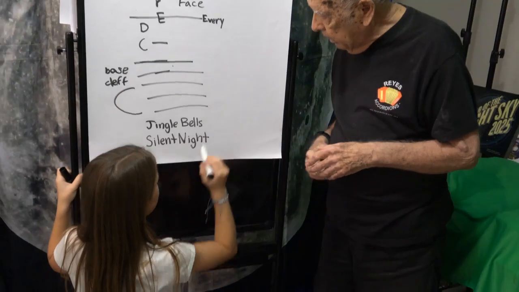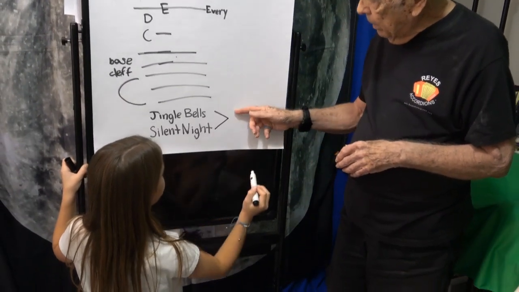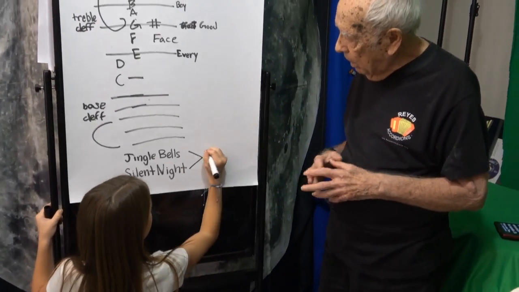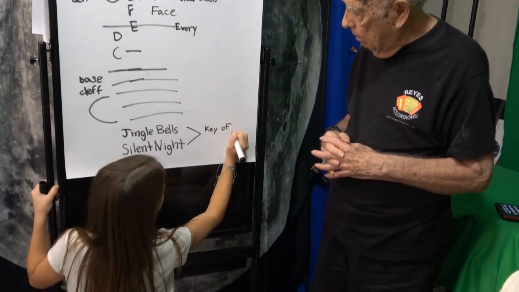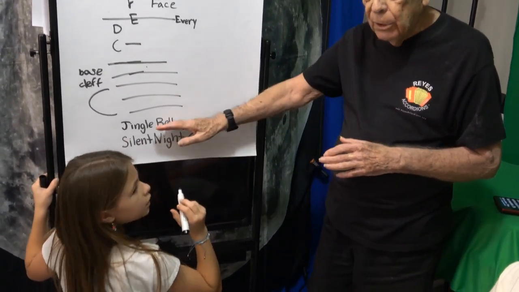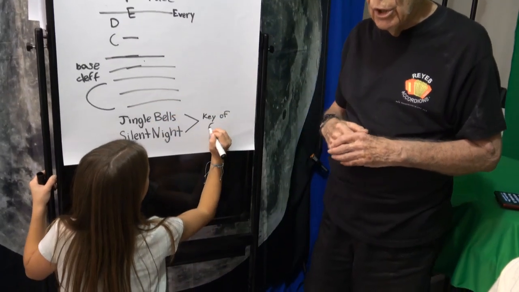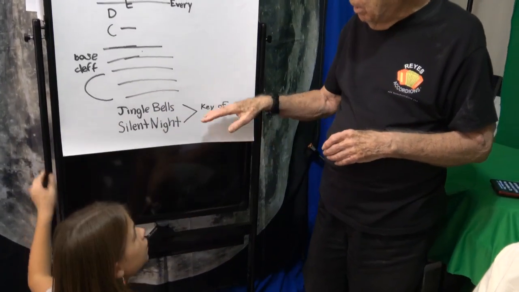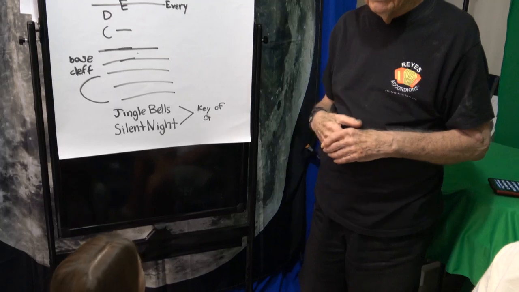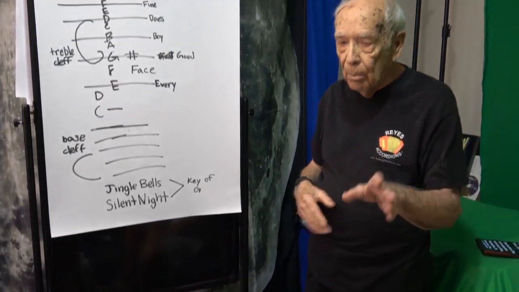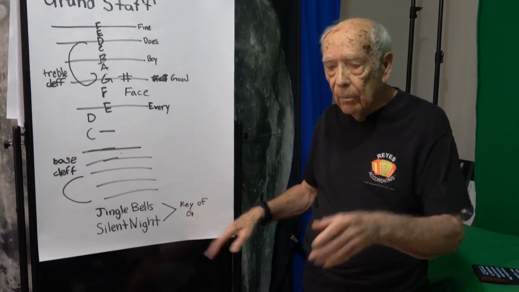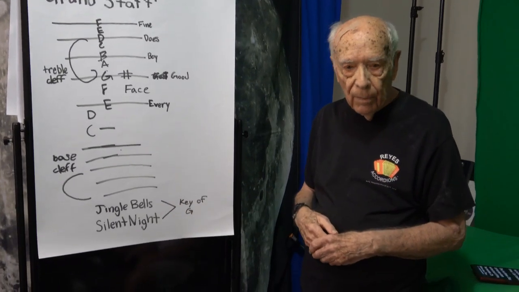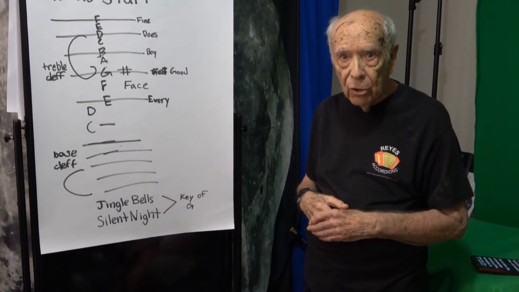Just an arrow like that. And write down key, K-E-Y, of G. Okay, so we're going to learn it in the key of G, but she will not play it in the key of G on the clarinet. The trumpet will not play it in the key of G, but the guitar player will play in the key of G. The accordion player will play in the key of G.